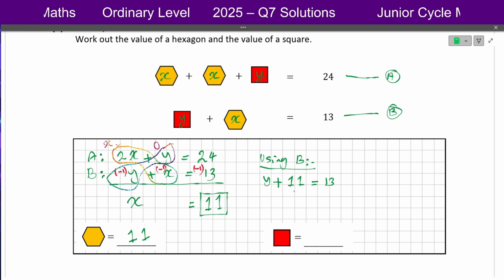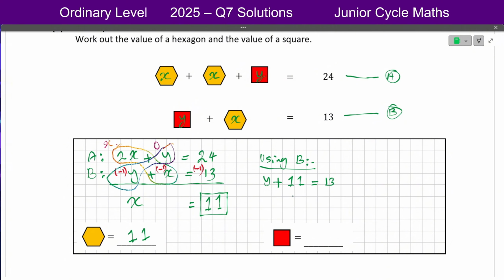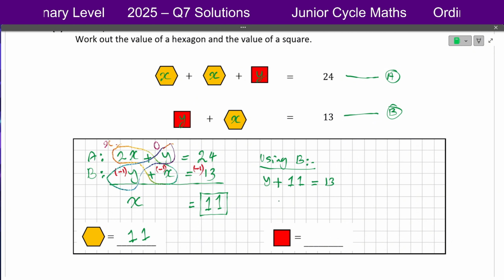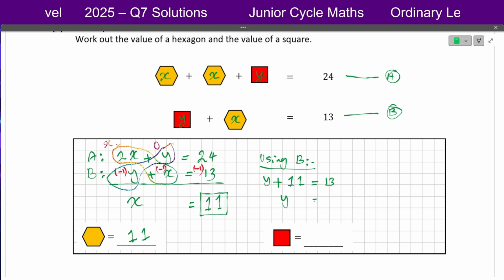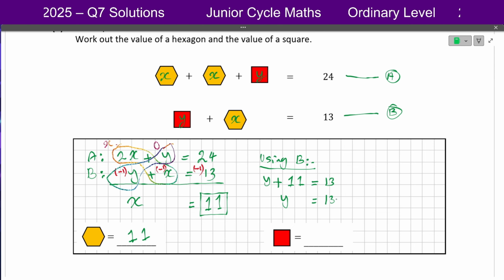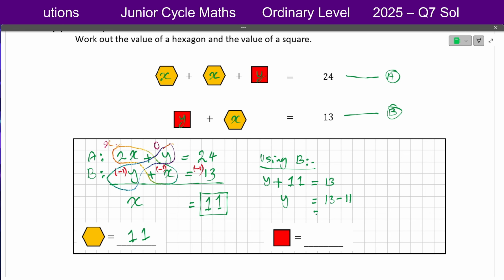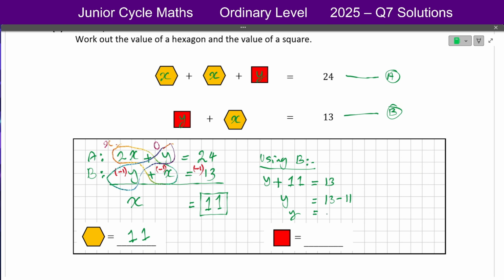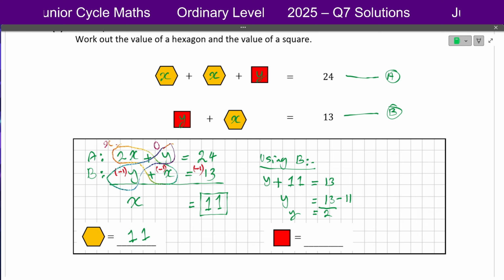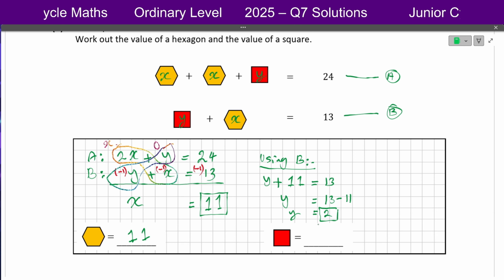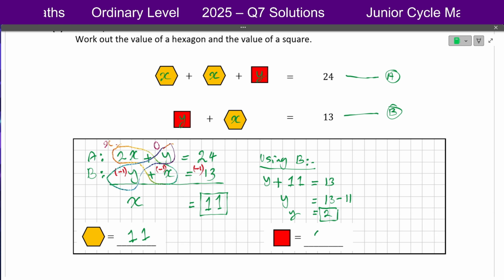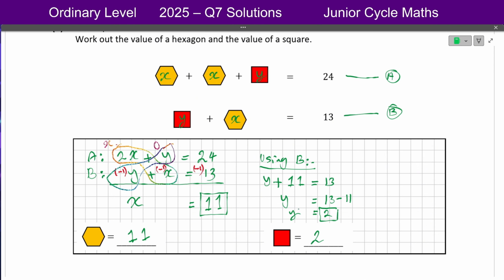And if we subtract 11 from both sides of this equation, we get y equals 13 minus 11, and that gives me what? The answer is 2. So the value of the variable y is 2, which also represents the value of the square.